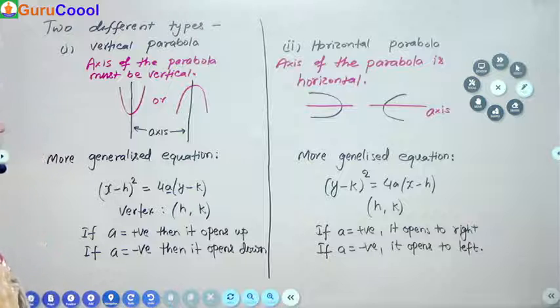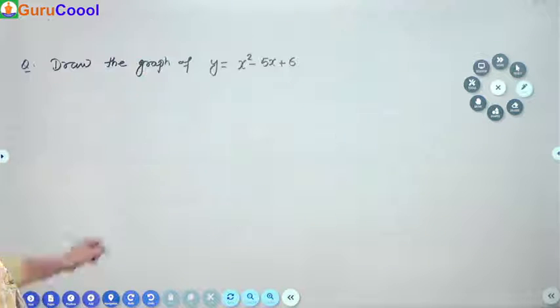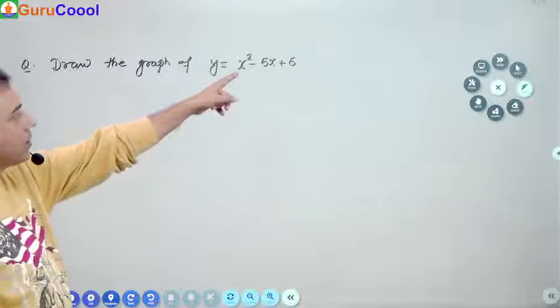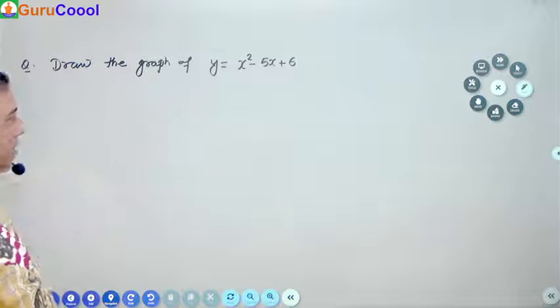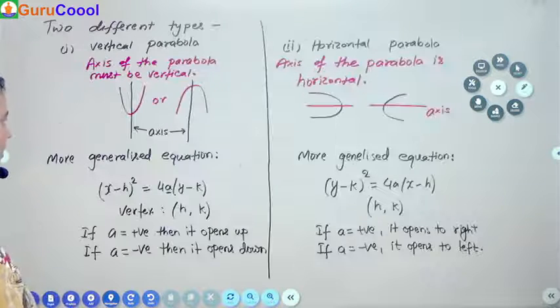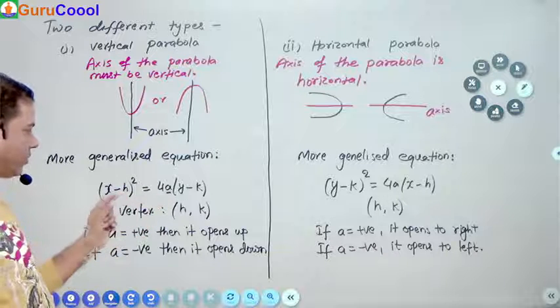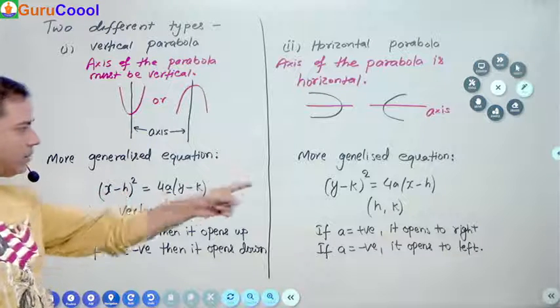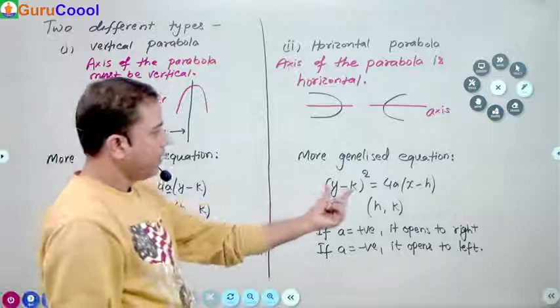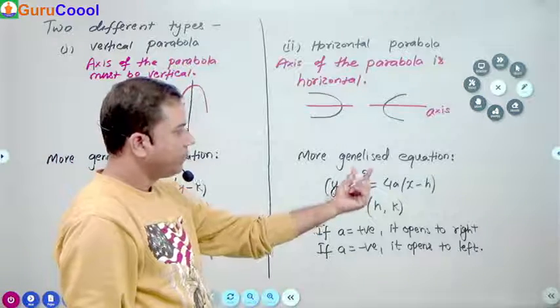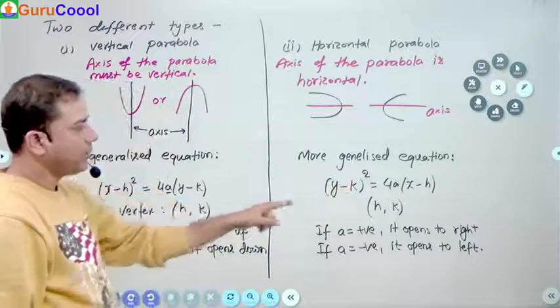Let's first compare. What we see is x term has a square. That means the equation given to us matches with this one, because here also x term has a square, not y. In this one, y has a square. So this is not the correct match for our equation.